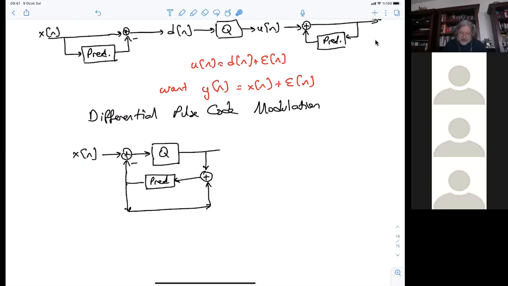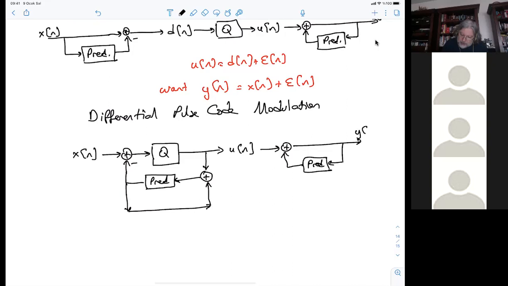So this schematic is directly producing u of n, which can be used in the decoder side to produce y of n, which is equal to x hat of n.